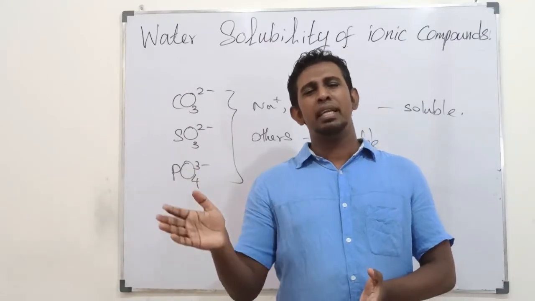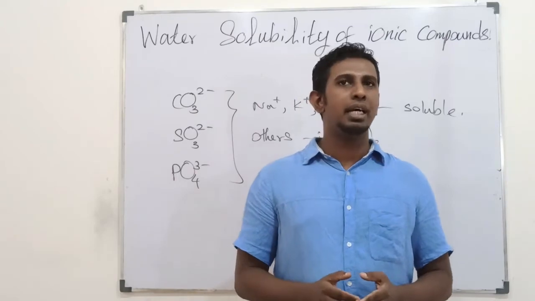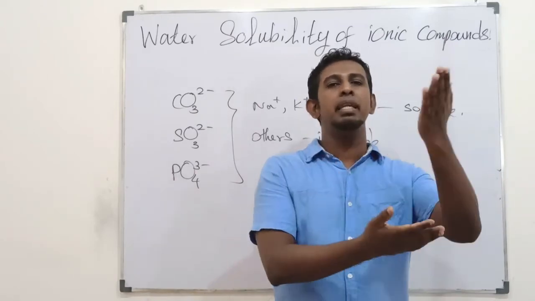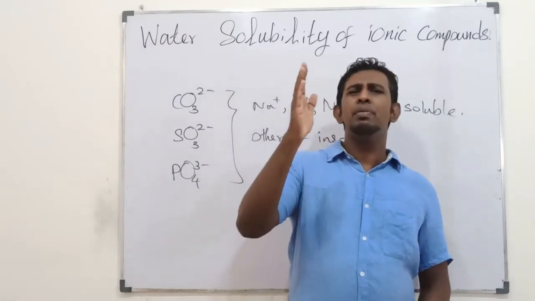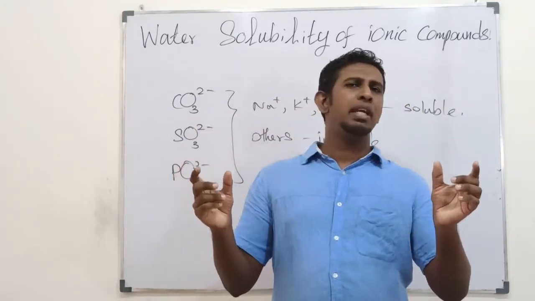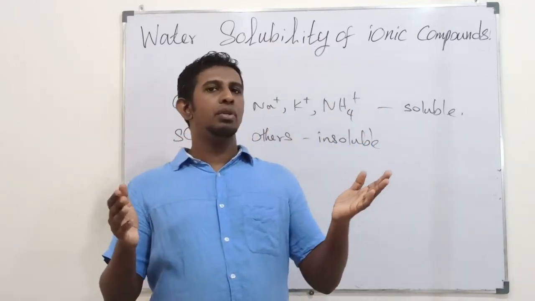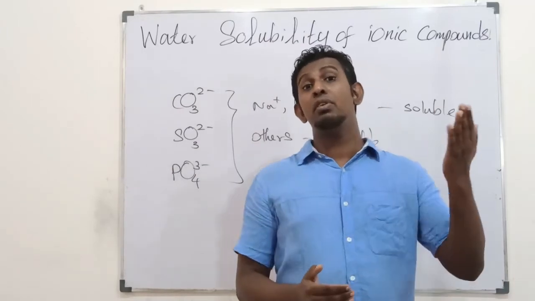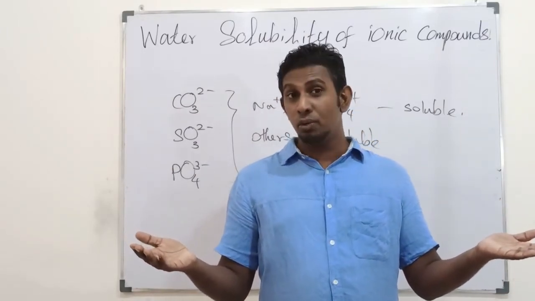When you have sulfates, there are only six sulfates you could call water insoluble. Those are calcium, strontium, barium, lead, silver, and mercury sulfates. But out of those six, calcium and silver sulfates are slightly water soluble. Those are the only insoluble sulfates.